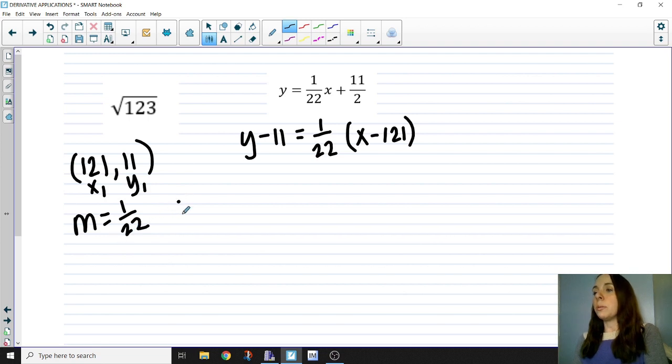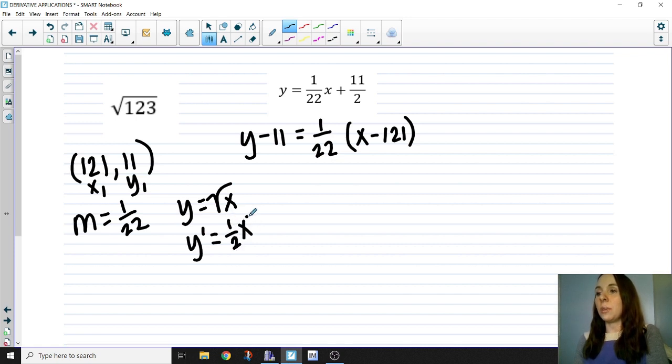We look at our square root function. We take its derivative. Remember, the square root of x is x to the 1/2, so this is 1/2 x to the negative 1/2 power. And then we sub in the x value from the center of approximation. And that is how we get a slope of 1 over 22.